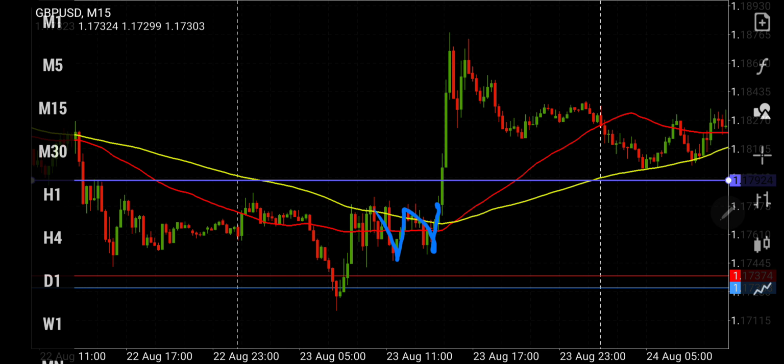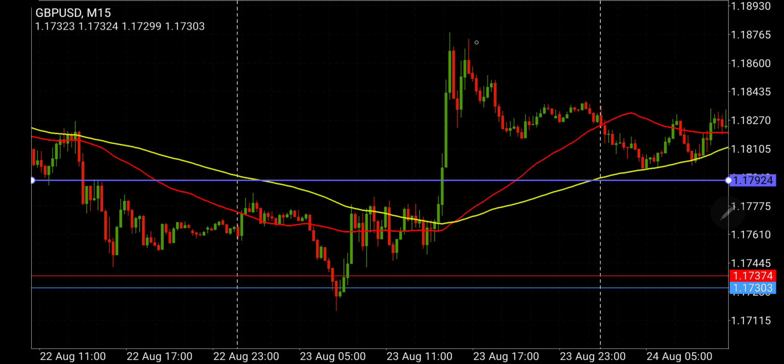Once I saw that powerful bar right here, I said I would execute. I said, bam, shot, I will take that trade. I came in with lots of position there, and I was actually smiling. Great, so that is that.